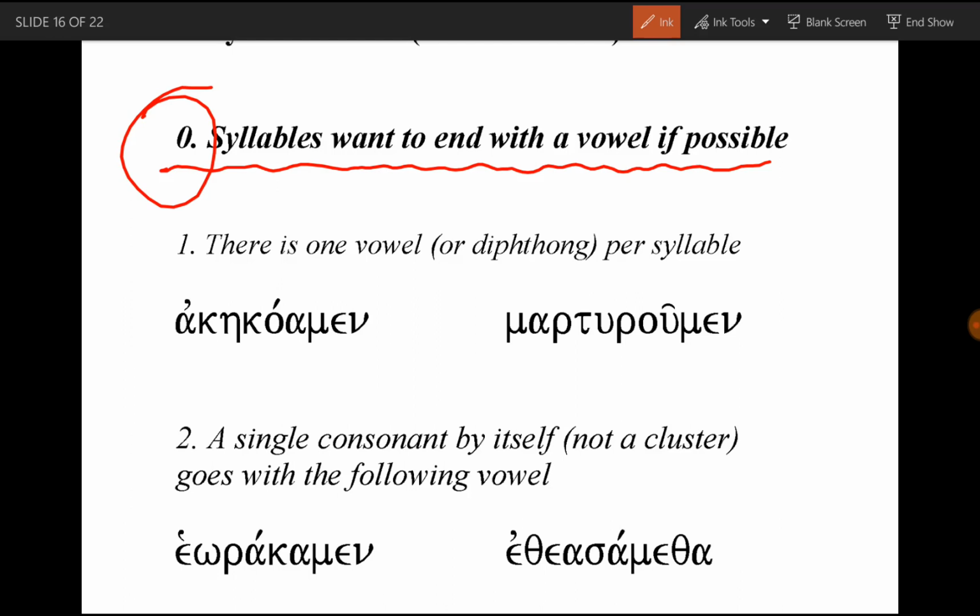So always remember that. And one of the first rules that Mounce gives you is that if you count the number of vowels and diphthongs, that immediately tells you how many syllables there are in a word. So let's look at ἀκηκόαμεν, which means we have heard.